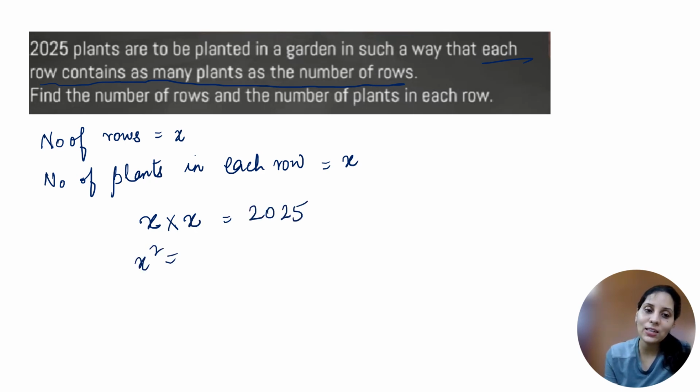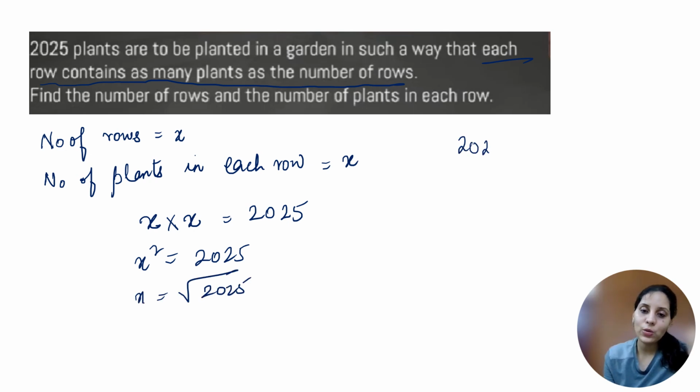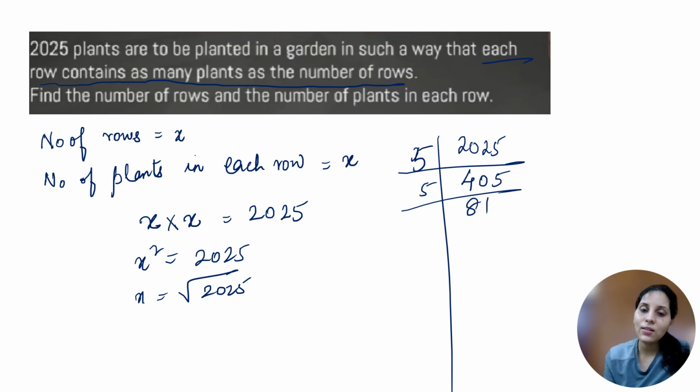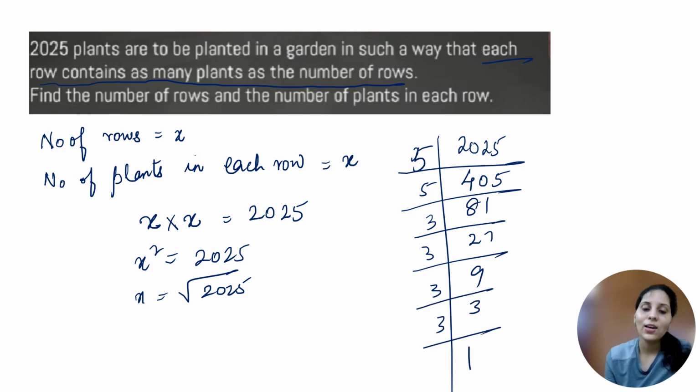So basically here we just need to find the square root of 2025, which we can do by prime factors. 5 405s are 2025, 5 81s are 405, now 3 27s are 81, 3 9s are 27, 3 3s are 9, 3 1s are 3.